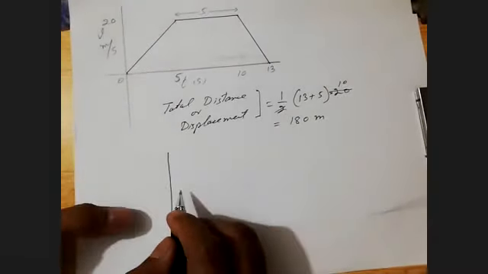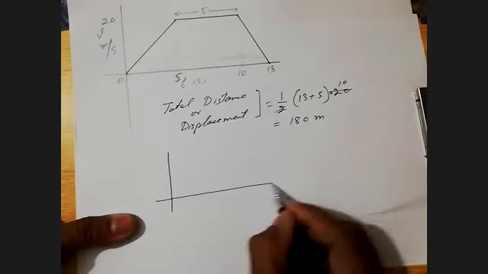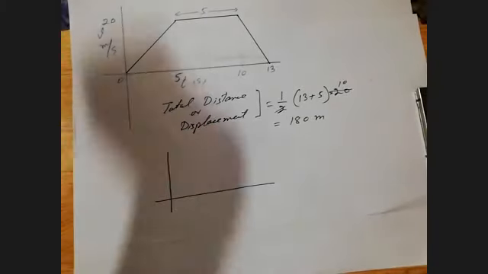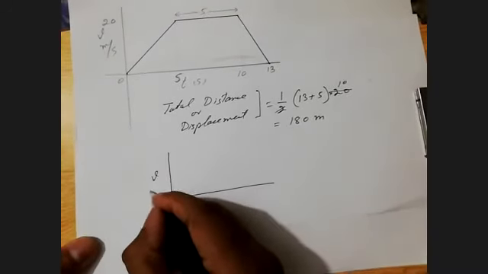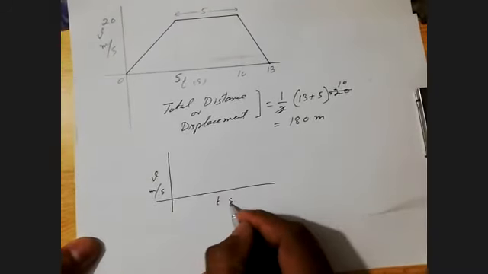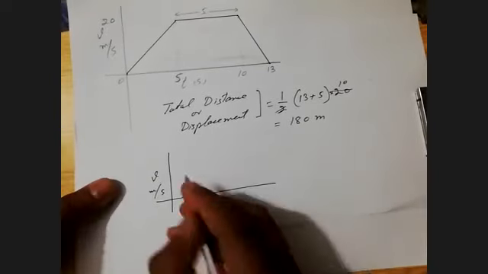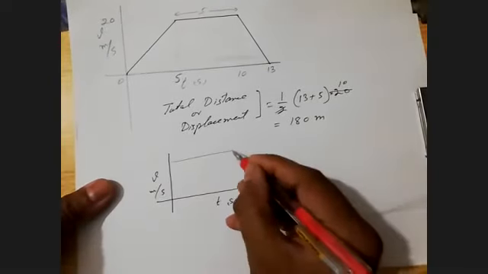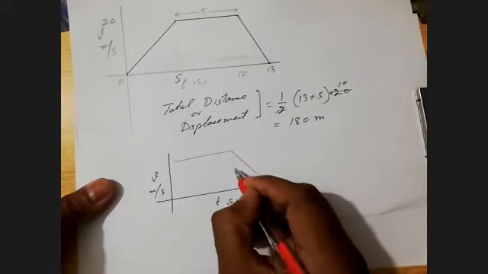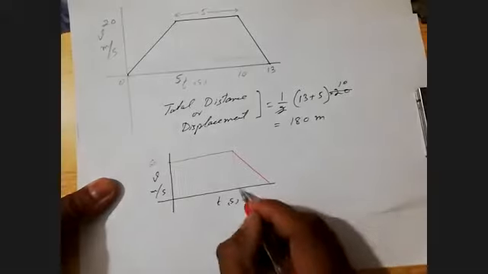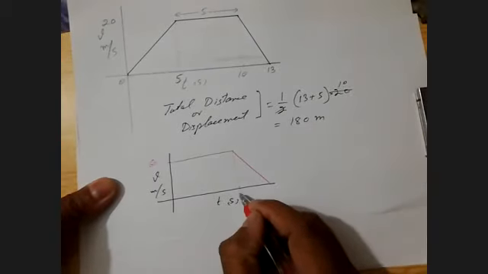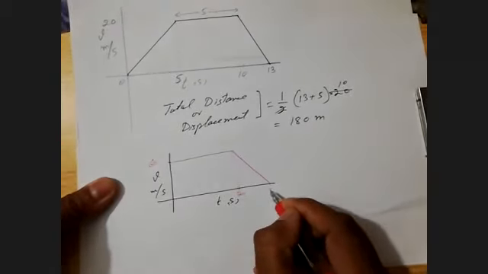Just in 2 minutes, I can explain this again, inshallah. So here you have the speed in meter per second and time in seconds. I'm going to draw it like this, and this is the speed, which is say 60, and here the time is 20, and this is 25.